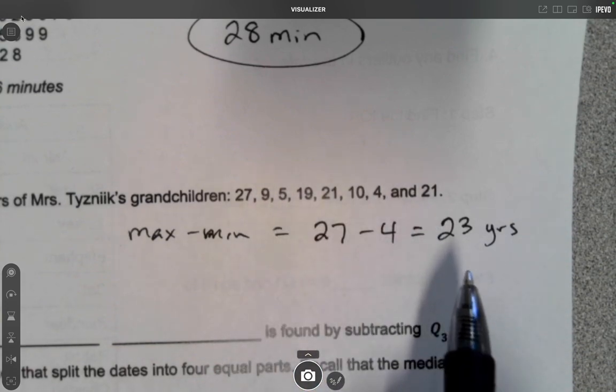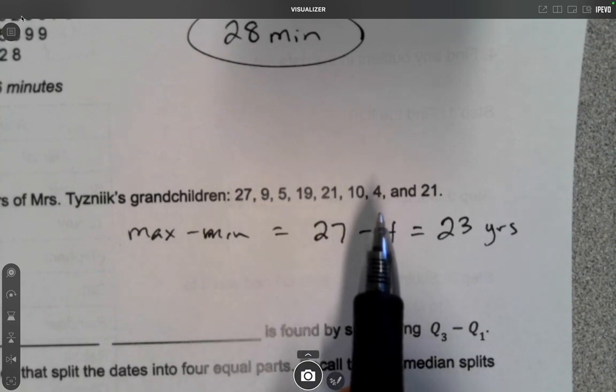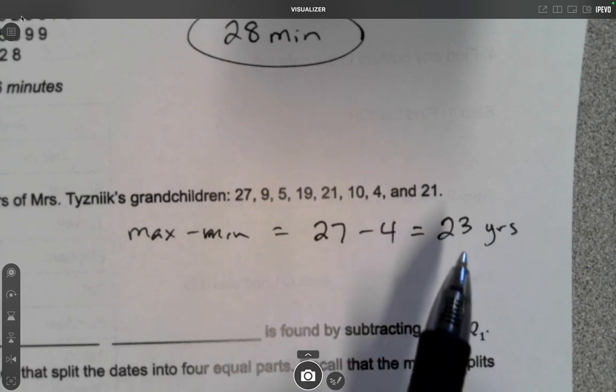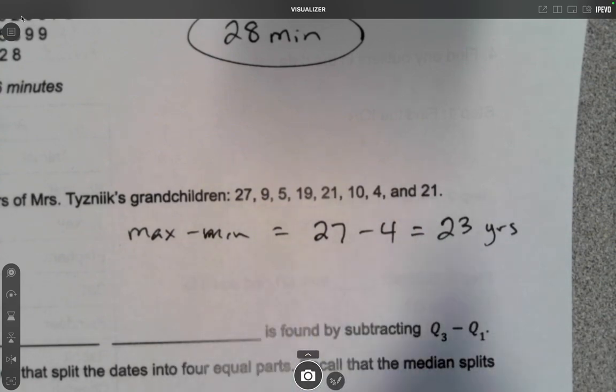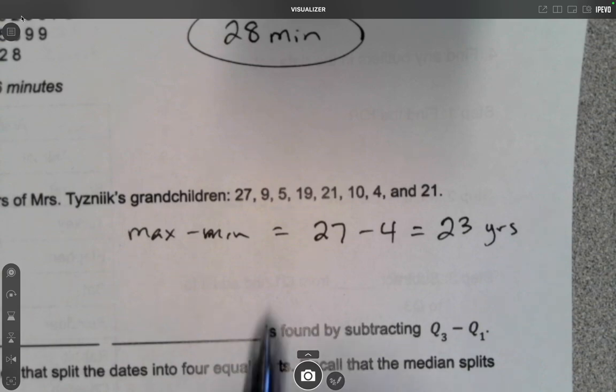But the range will still be 23 years because we would just do 47 minus 24 and still get 23 years. So the range doesn't give you any info on whether we're dealing with big numbers or small numbers. It just tells you how far they're spread out. Because that's going to be true no matter how much time passes for these people. The oldest and the youngest are 23 years apart.